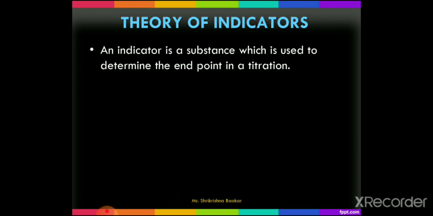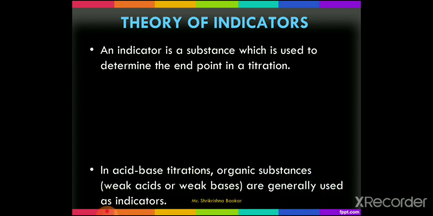An indicator is a substance which is used to determine the end point in a titration. An indicator is an auxiliary substance which is used to identify whether the reaction is completed or not.